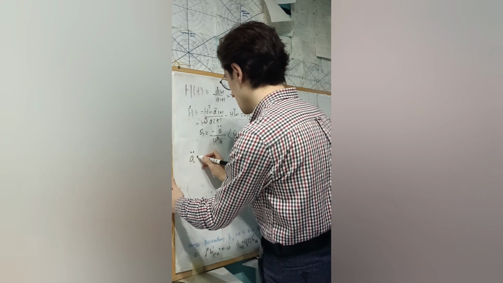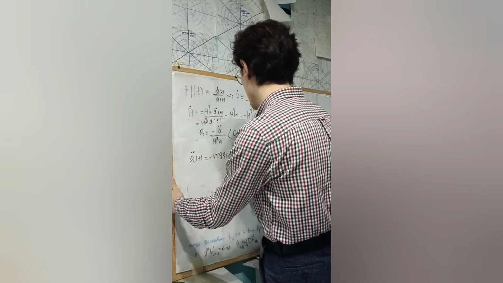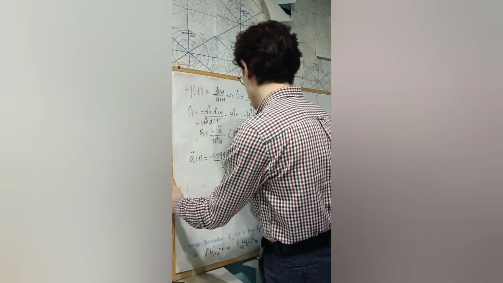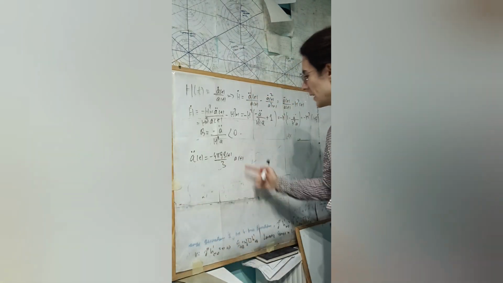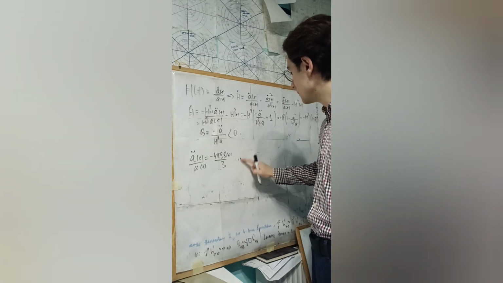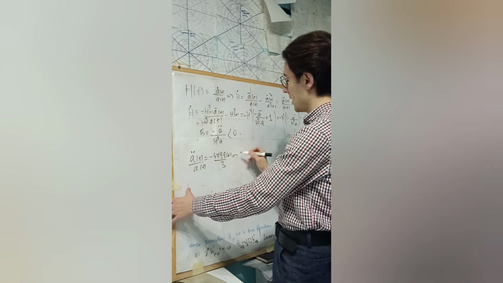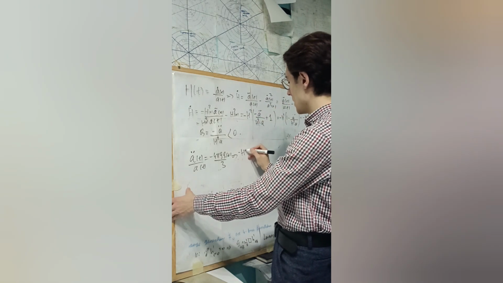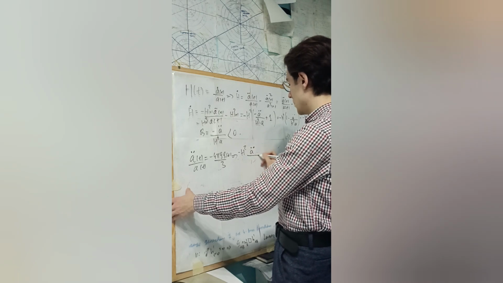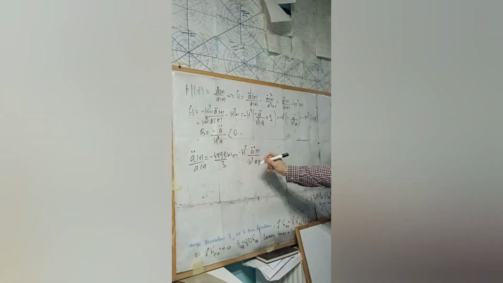So the second order Friedmann equation was a double dot equals minus 4 pi g rho of t divided by 3 a of t. I can take a of t and multiply both sides, as we did here, by minus h squared a of t, a double dot divided by minus h squared a of t. And this is a function of time, don't forget.